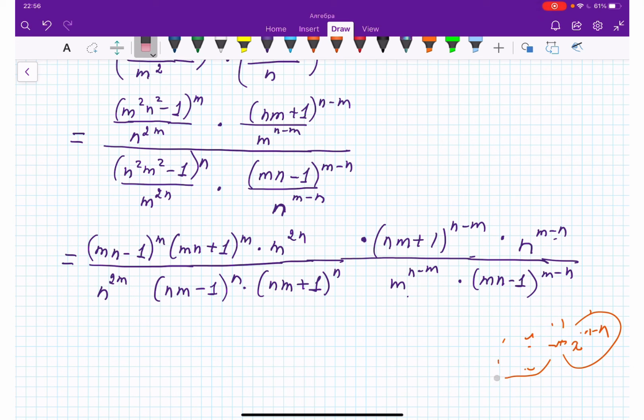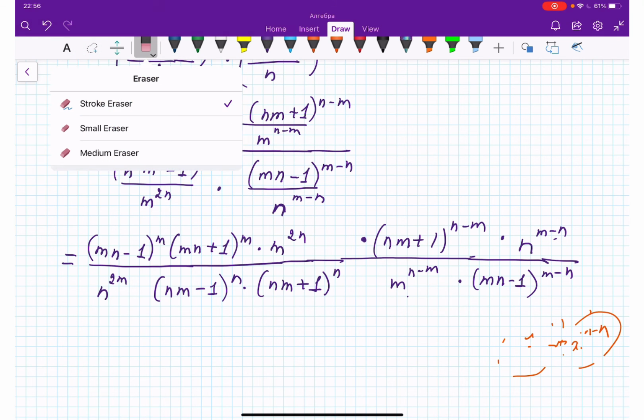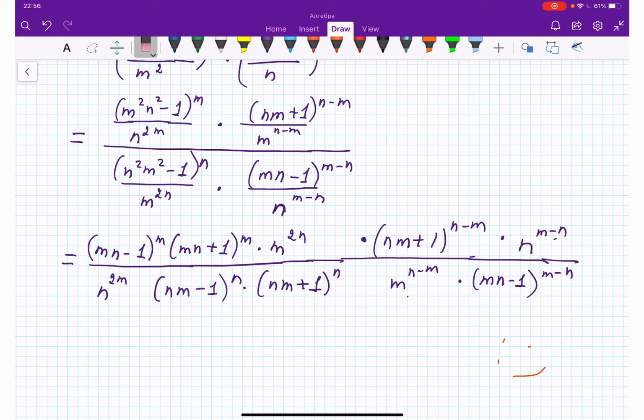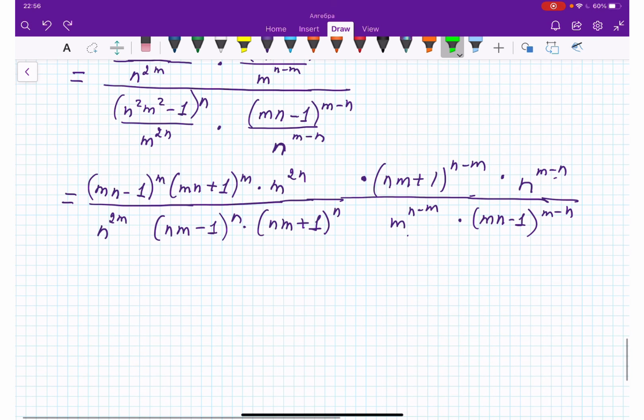Why am I doing this, if you want to ask me? Because I see here (mn − 1)^m, (mn + 1)^m, right? So if I separate them, I can cancel them. That's why.